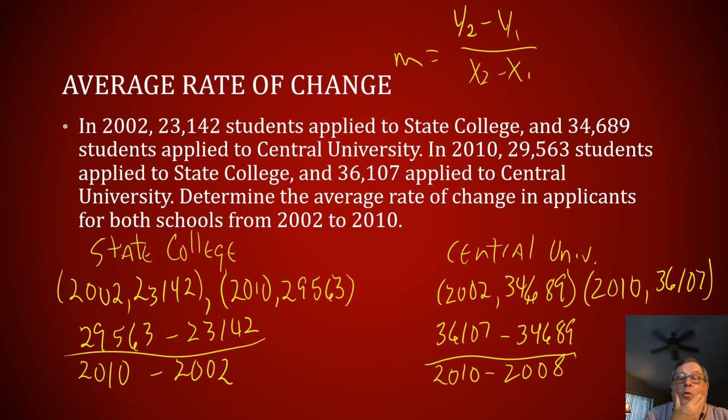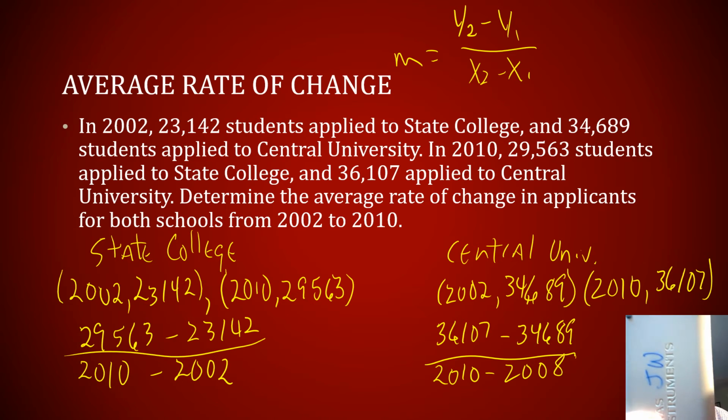Now I'm running a little shorter on room here, so I'm going to just do the math to figure the average rate of change. So let's see, I got 29,563 less 23,142 for State College, that's 6,421.